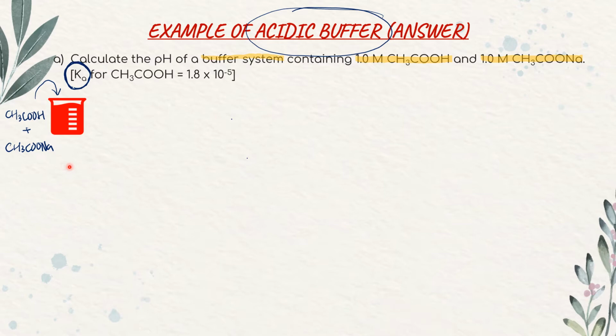Ingat, that is the most important part of a buffer. Buffer system mesti ada acidic component, mesti ada basic component. Fungsi dia untuk apa? To neutralize the incoming strong acid and strong bases.